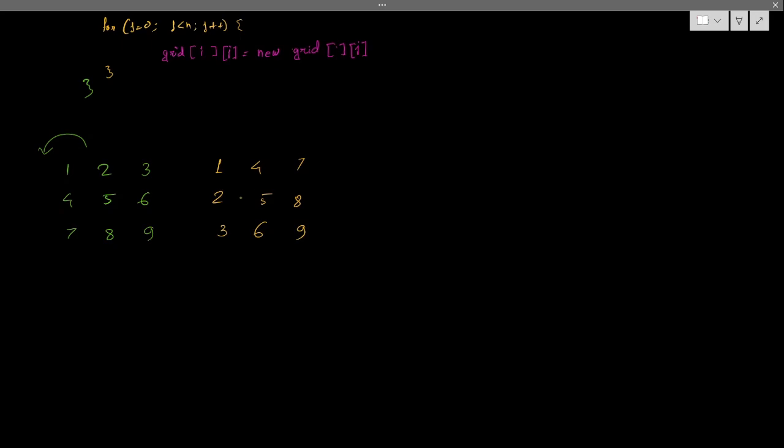What should the code be? It will be simple. The indices are 0, 1, 2 by 0, 1, 2. My new 0 0 holds the old 0 0.